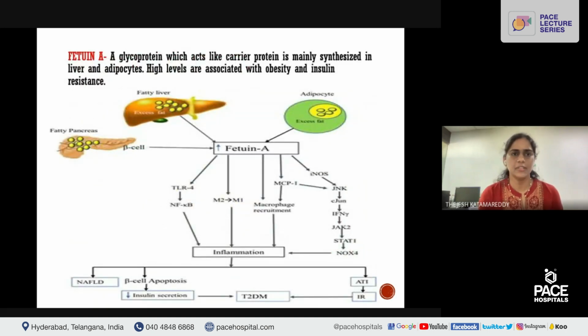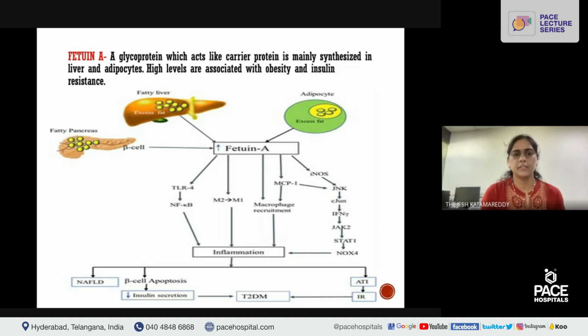Fetuin A is a new marker, which is a glycoprotein, a carrier protein, mainly synthesized in the liver, and also in adipocytes and muscle tissue. High levels of fetuin are established in obesity and insulin resistance.